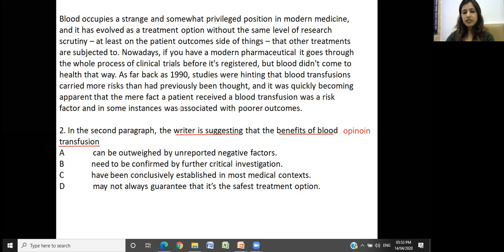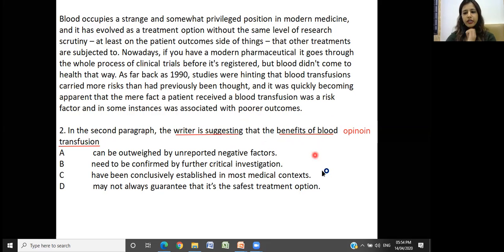Tell me whether it is in favor or against or neutral. So type F if you think writer is in favor of blood transfusion in this particular paragraph. Okay, whether the writer is talking more about benefits of blood transfusion, then he is in favor. If writer is pointing out towards drawbacks, it is against.